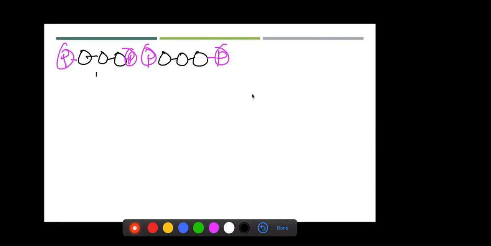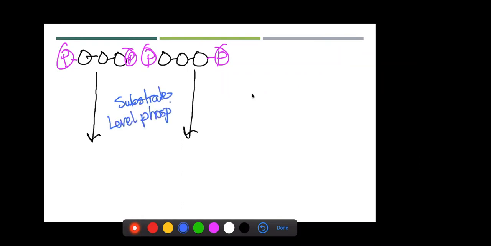All right. So what we're going to do here is take, again, that substrate level phosphorylation. I'm just going to abbreviate phosphate as phos. We're going to do it twice.